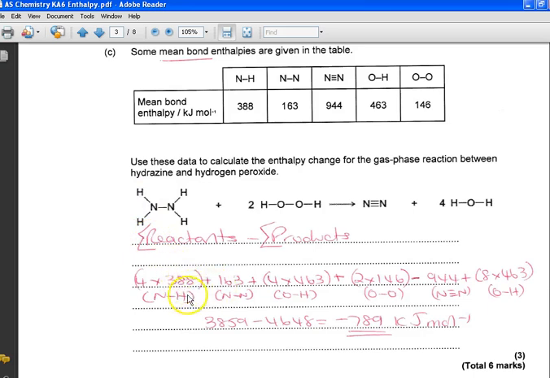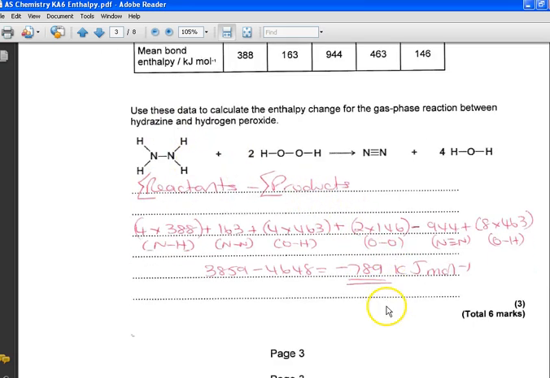So make sure when you write it out, you are absolutely clear which bonds you've included. A lot of you missed that N-N bond, the 163. Obviously, if you miss a bond, you can't get the right answer. But you did get a mark if you recognised it was reactants minus products.